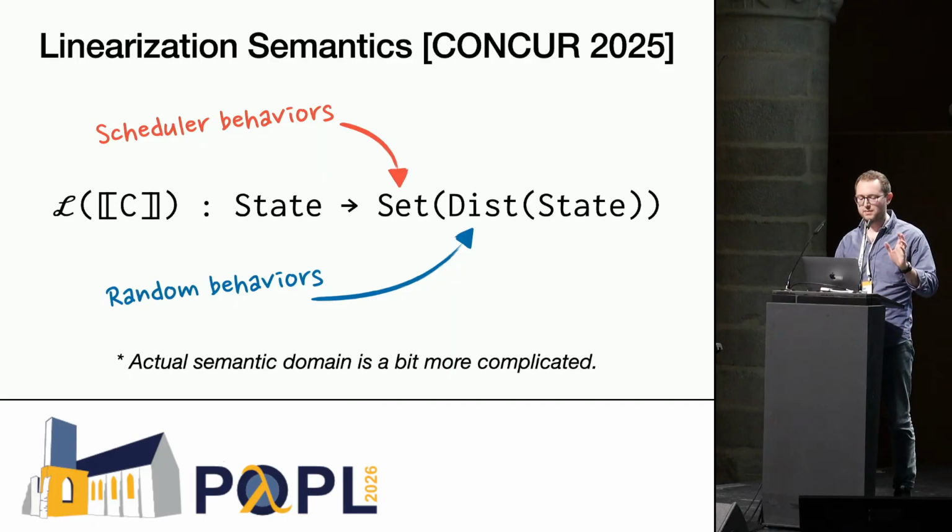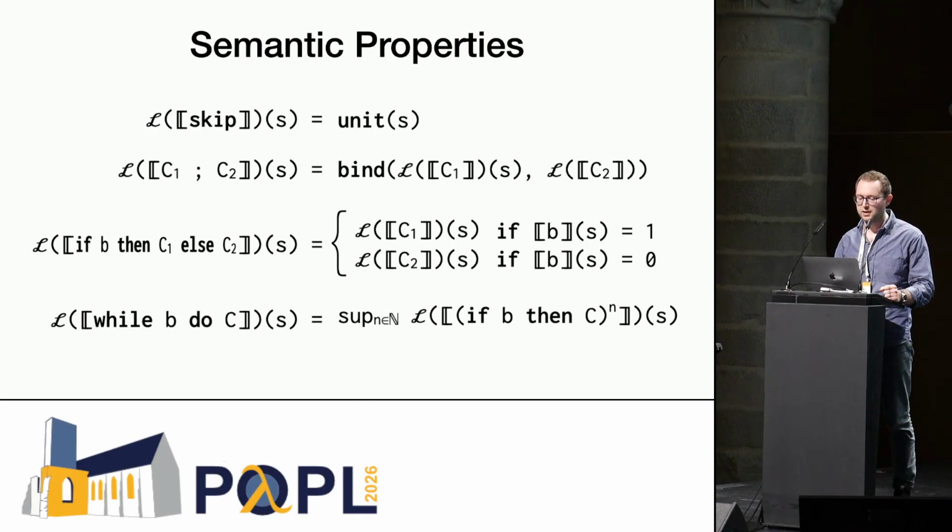Now, like I said, the exact definition of this model is very complicated, but it gives us some very nice properties. I'm not going to go through all of these line by line, but if you glance at this, it looks a lot like the standard semantics of any kind of monadic programming language that you might expect.